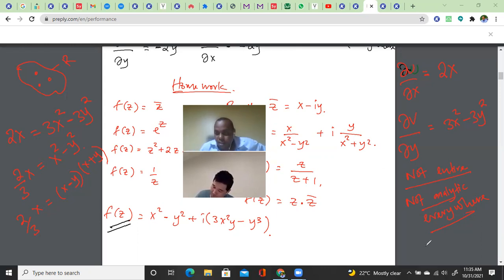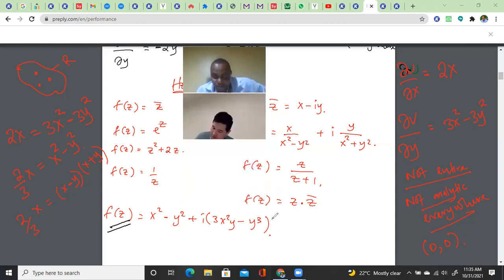One of the points, it could be differentiable at the point 0, 0, when x equals 0 and also when y equals 0. At least we have found one point where the function is analytic.